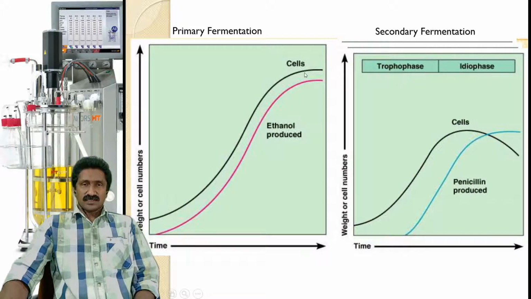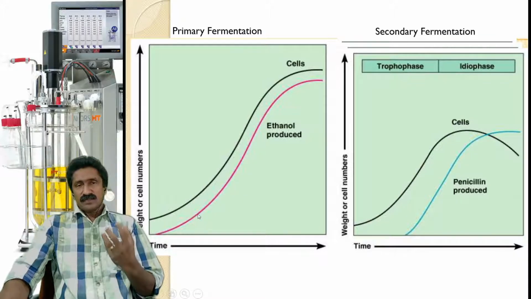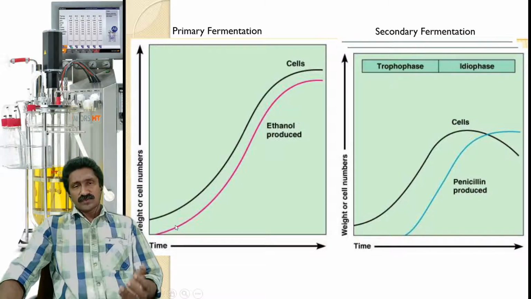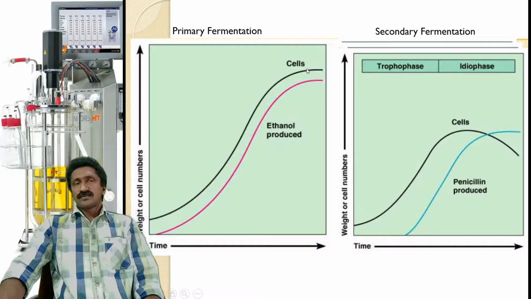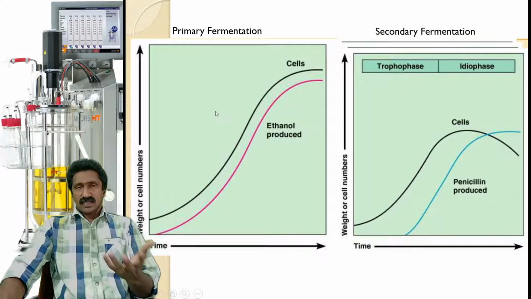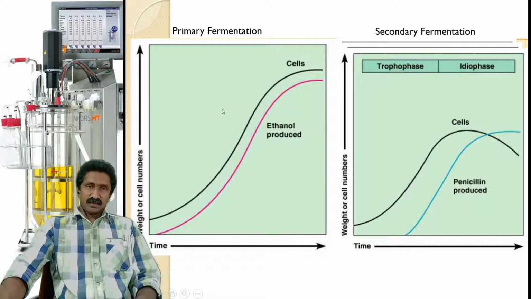Lag phase and log phase are shown here. The primary fermentation product formation follows almost the same pattern as the biomass increase. That's the case of primary metabolite production.